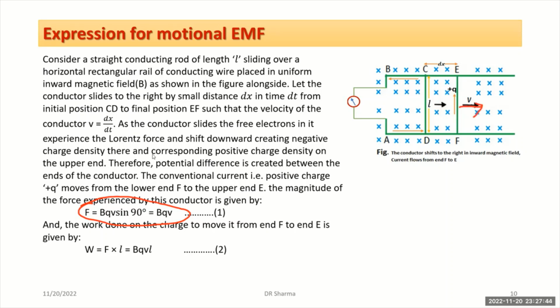The conductor is moving to the right horizontally, and the magnetic field is vertically inward, that is, perpendicularly into the plane of paper. And the work done is the magnitude of force times the distance moved by the charge. So work done is equal to BqvL.